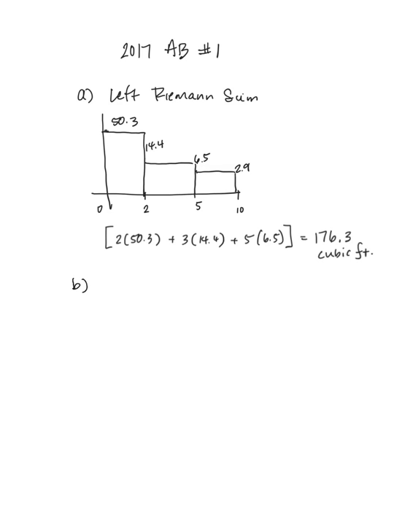Part B asks whether this approximation in part A is an over or underestimate. In the stem of the problem, it tells us that A is a continuous function that is also decreasing.